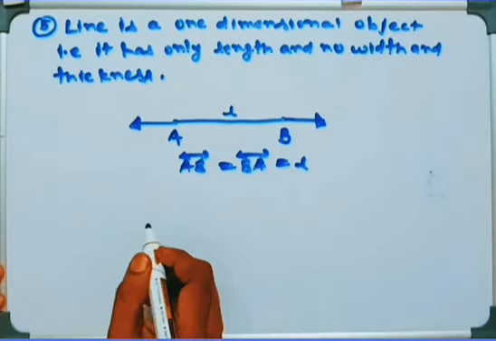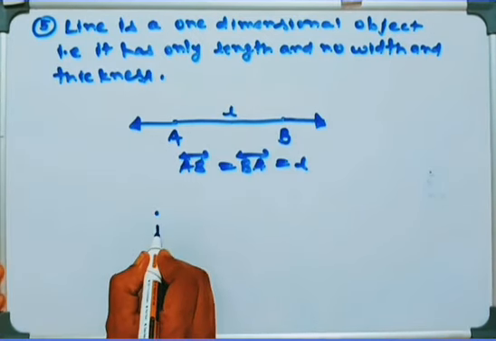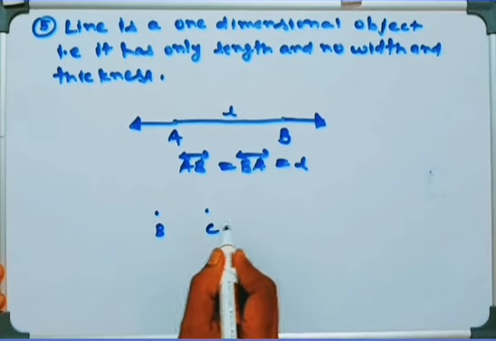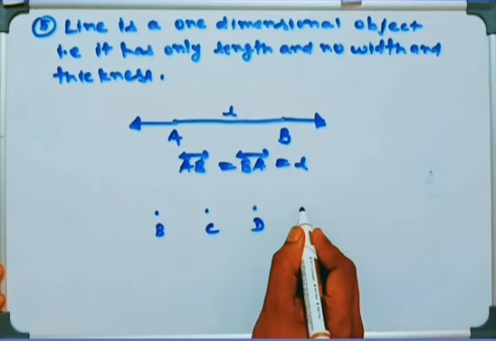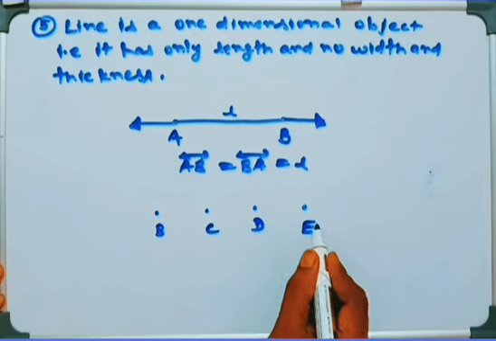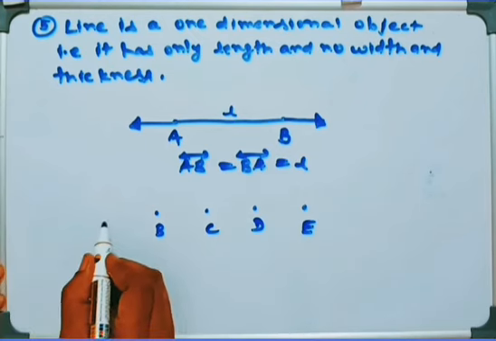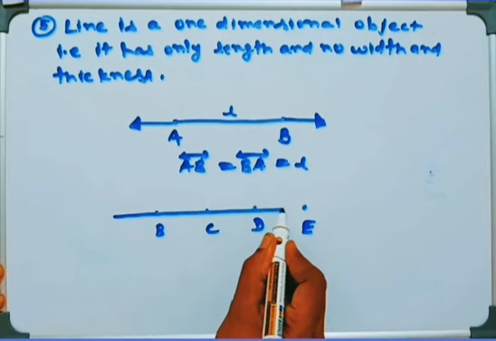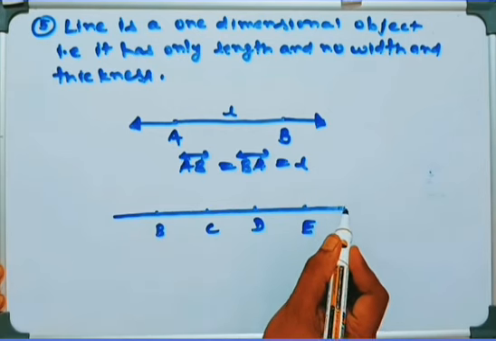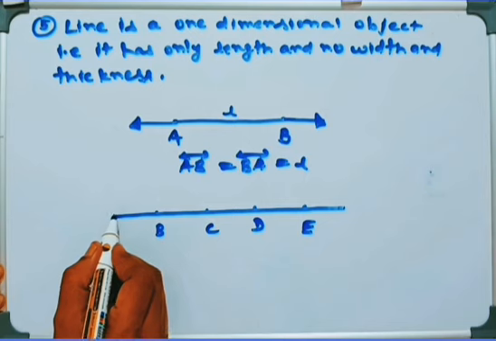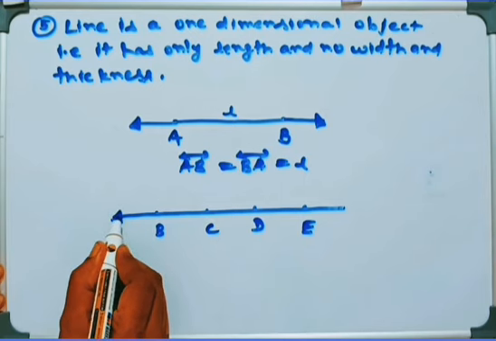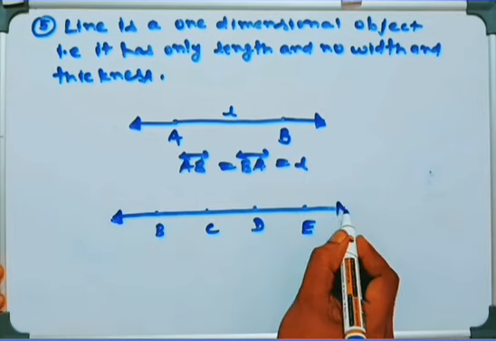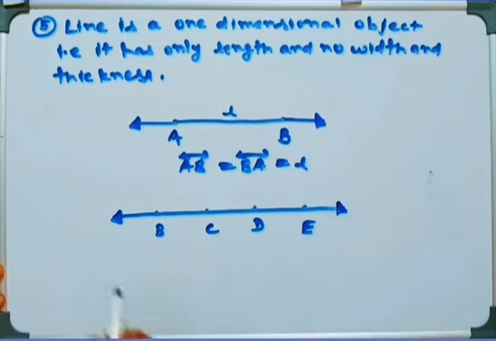Next, suppose B, C, D, E are four different points. A straight path is passing through all these four points. Then when you put arrowheads like this, it becomes a line.